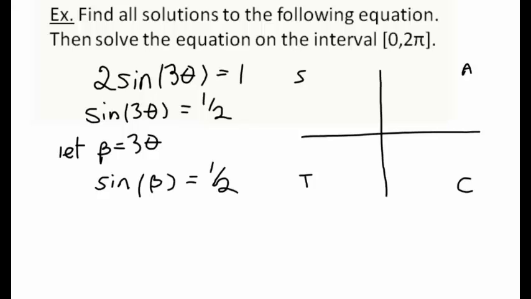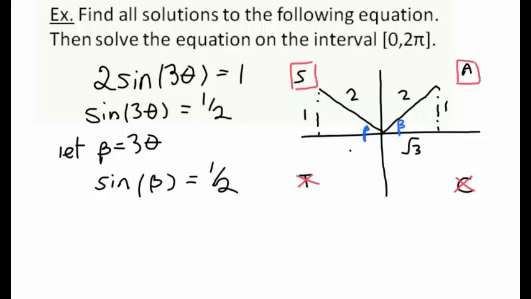We're going to set up the CAST rule and determine where sine is positive. Sine is positive in the first two quadrants. So let's go ahead and draw in our right-angled triangles here. Our reference angle beta is going to be inside, and sine is opposite over hypotenuse.